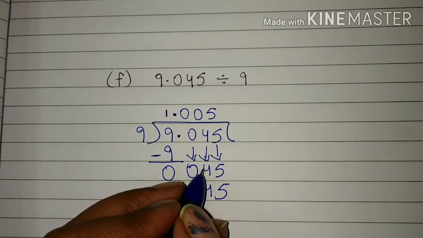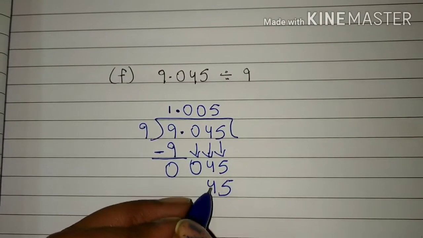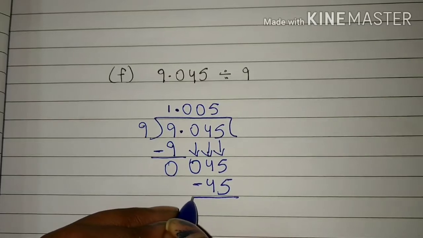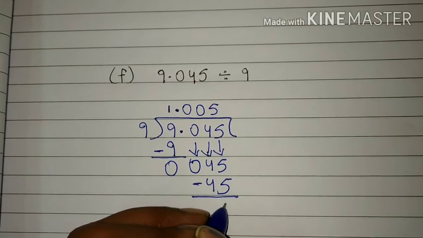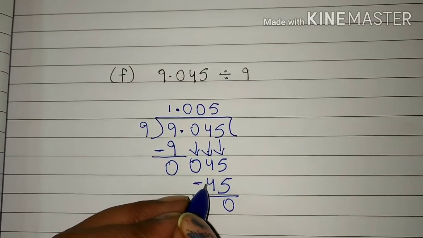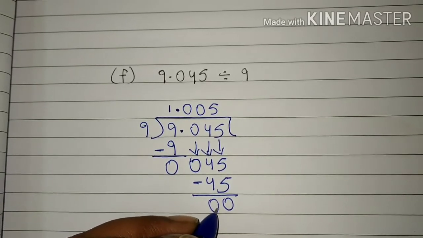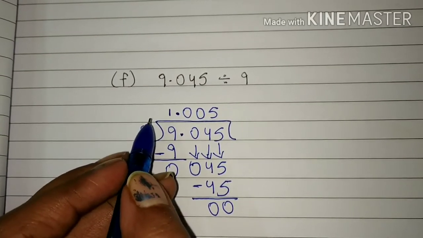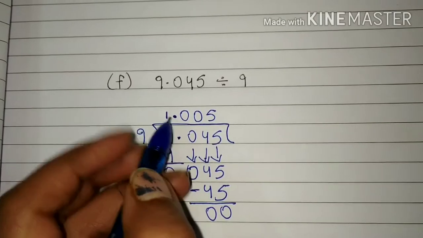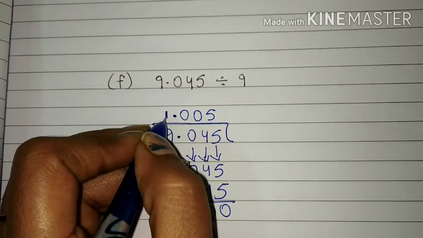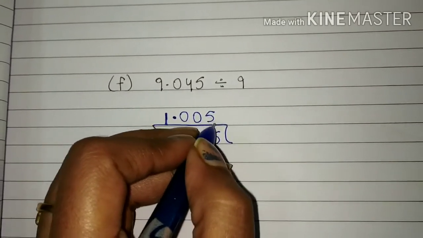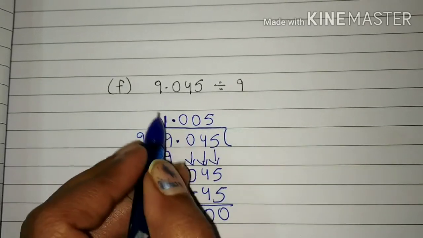Now students, we will subtract these two numbers. 5 minus 5 is 0. 4 minus 4 is 0. So students, 1.005. This is your answer.